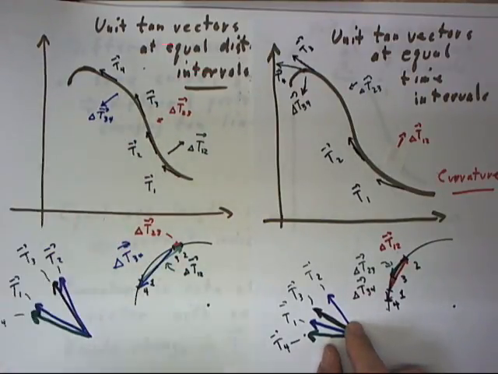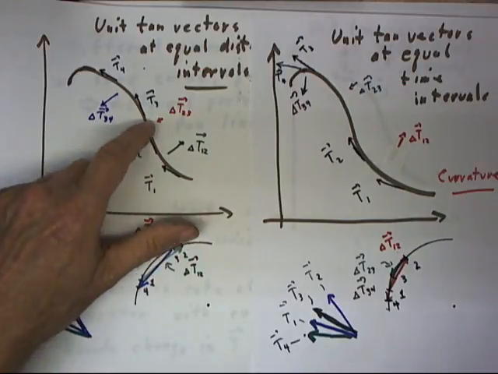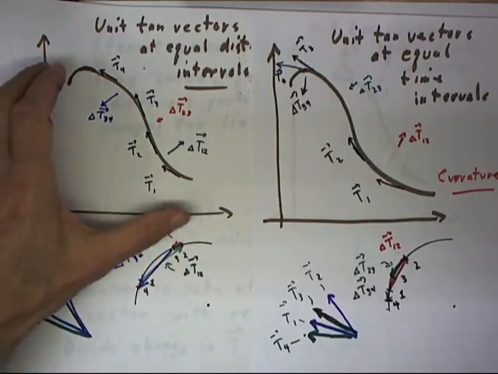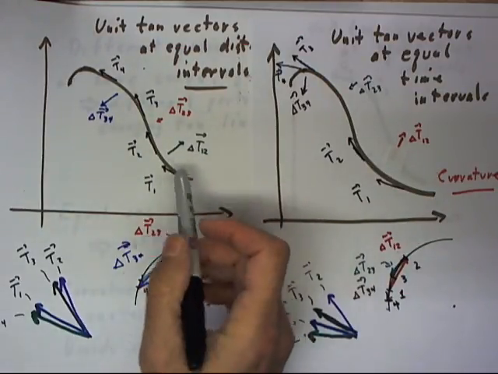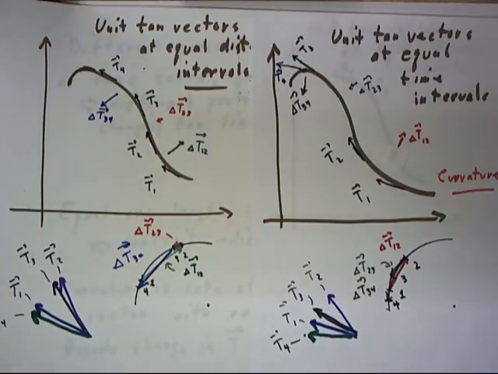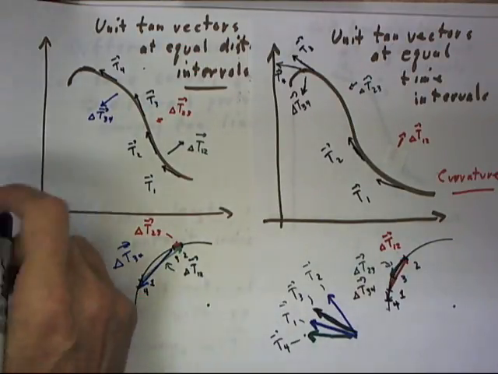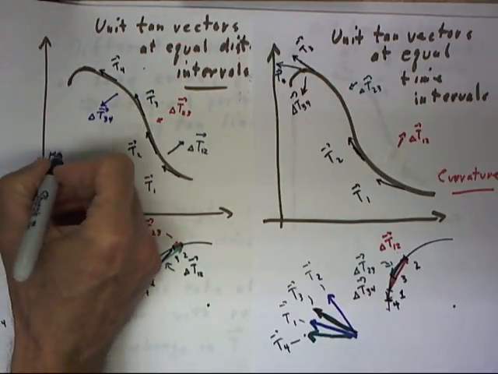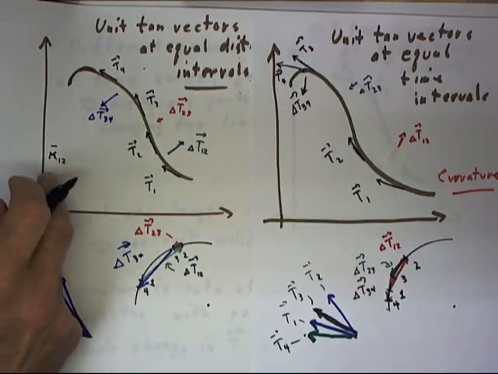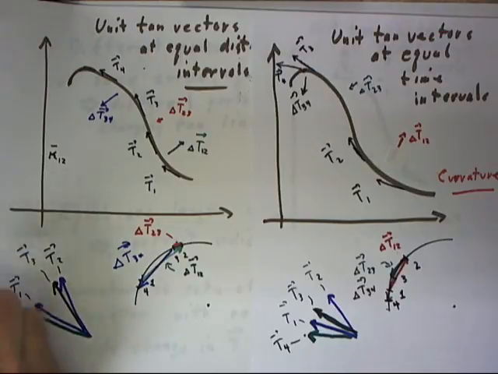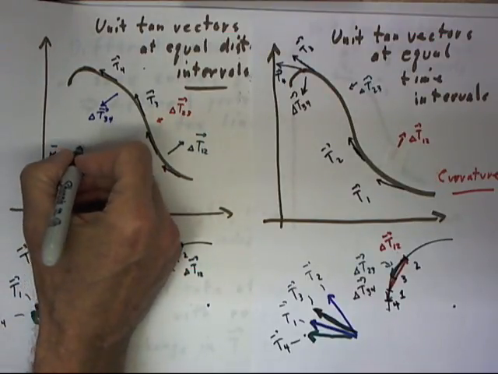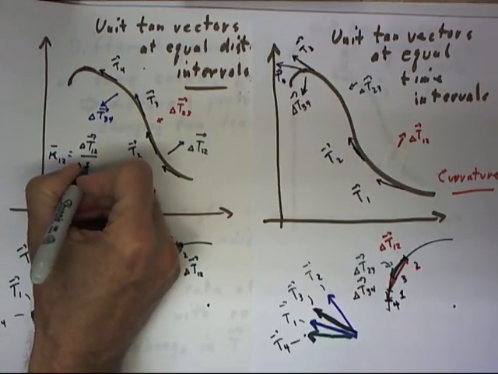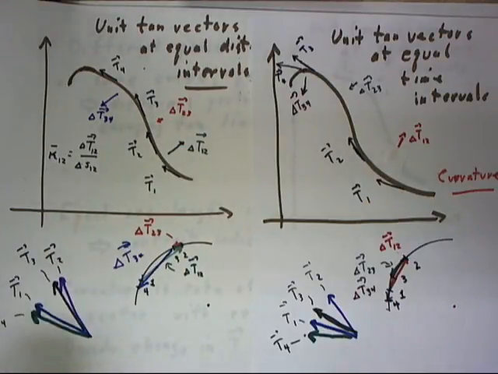These vectors do in fact indicate average curvatures, and if you think about it, it should make fair sense to you that in some way these are related to the average curvatures. We would say that the curvature, and I'll go ahead and use a kappa 1, 2 bar for the average curvature between point 1 and point 2, would turn out then to be our delta T 1, 2 divided by how far we move along the curve between point 1 and 2.